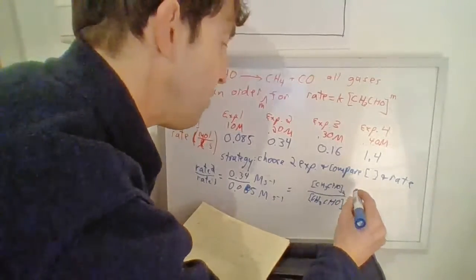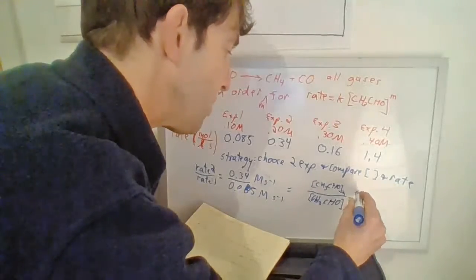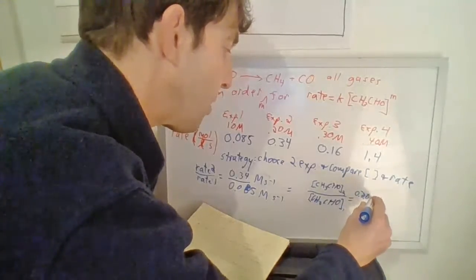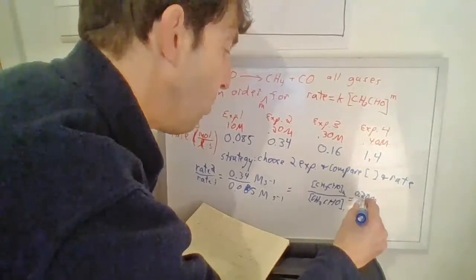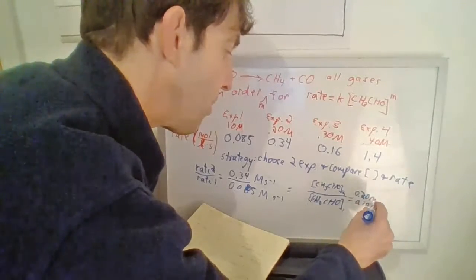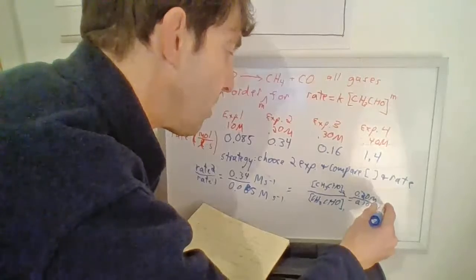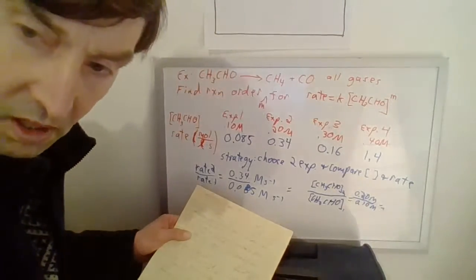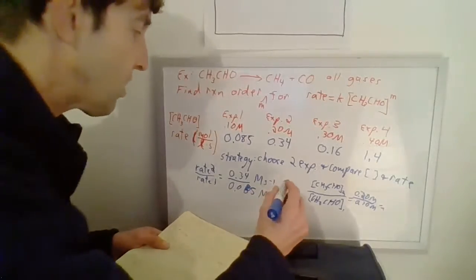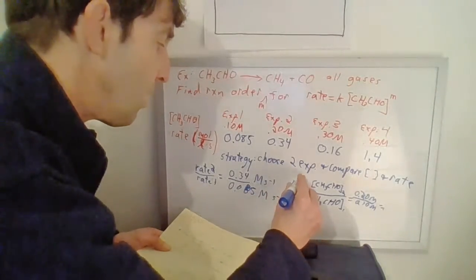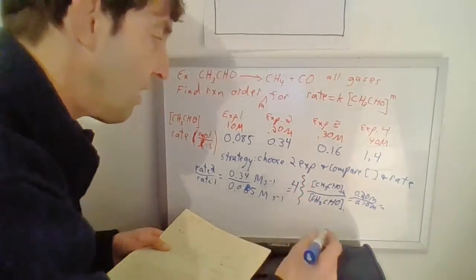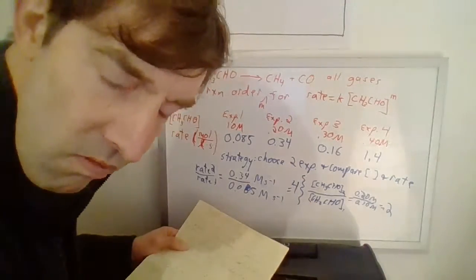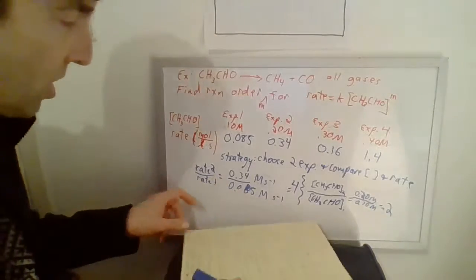It's 0.20 molar divided by 0.10 molar. And that gives you, yay, good. Thanks, everybody. So this gives you 4. I'm going to put a little block here. And this one gives you 2, doesn't it? You might say, ooh, that's kind of weird. But I'm going to show you how to do it now.